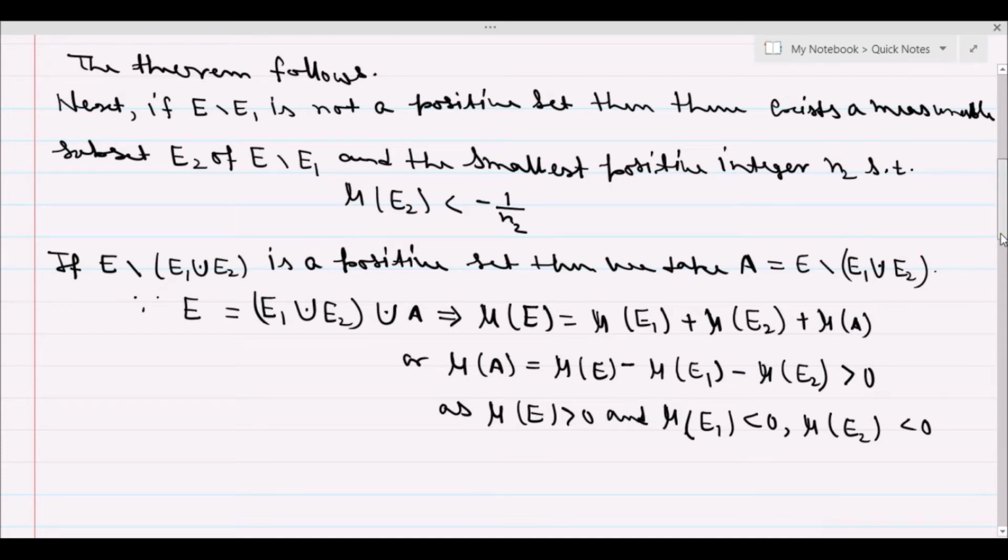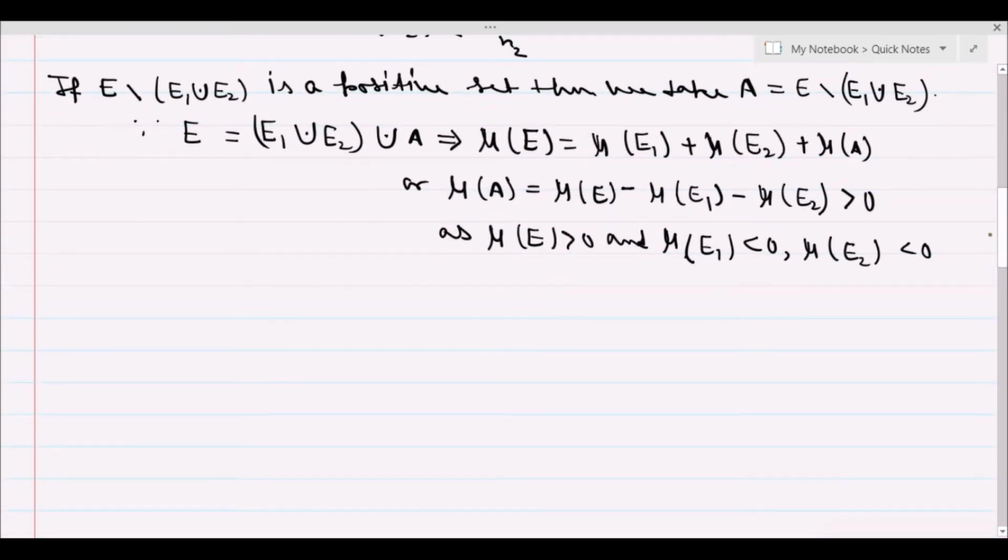Now we see that if E minus (E1 union E2) is a positive set, then the theorem follows.